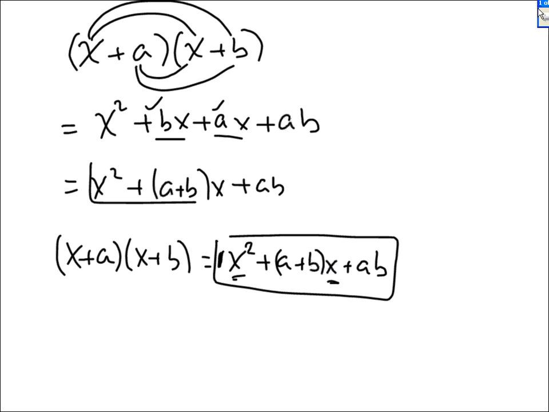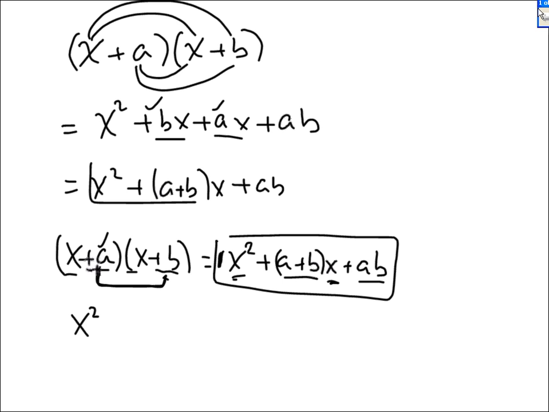Now, if you notice, the number in front of x is the sum of these two numbers, a plus b. And you know what? The product of these two numbers is the constant. So we know since they're both x's, you're going to get x squared.